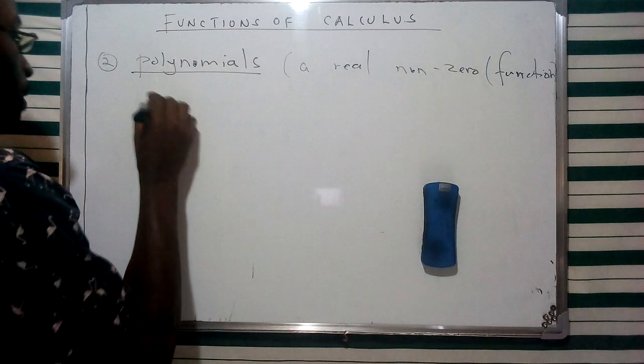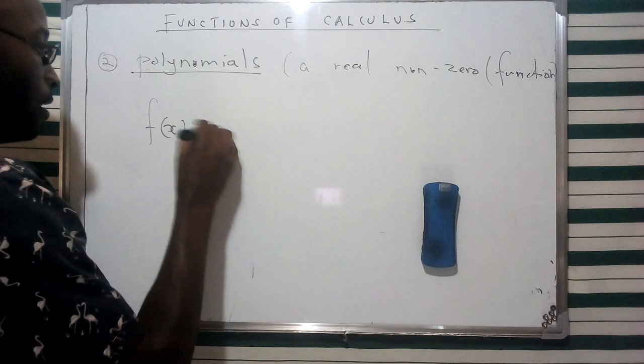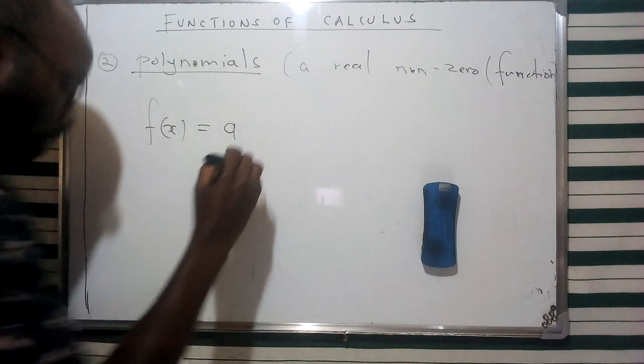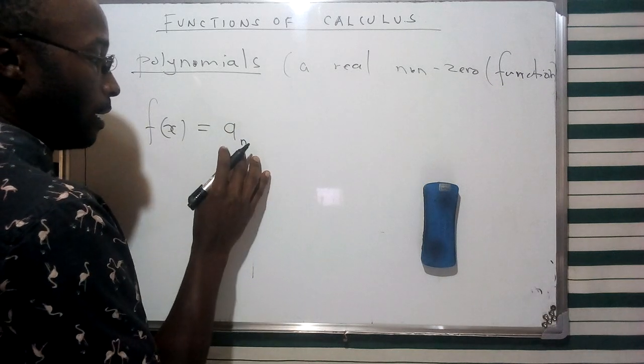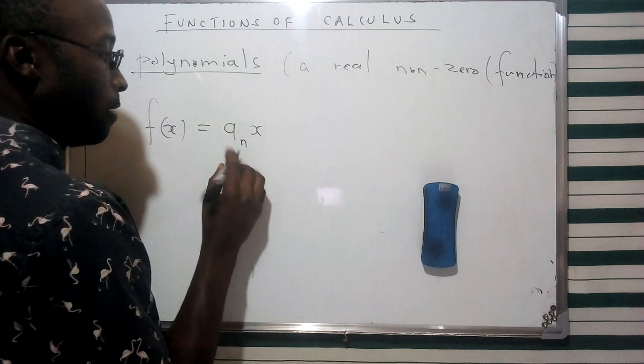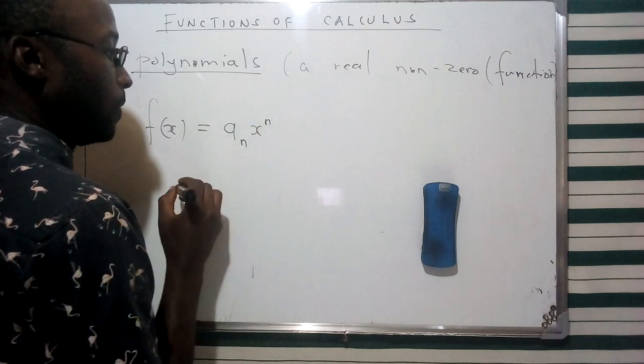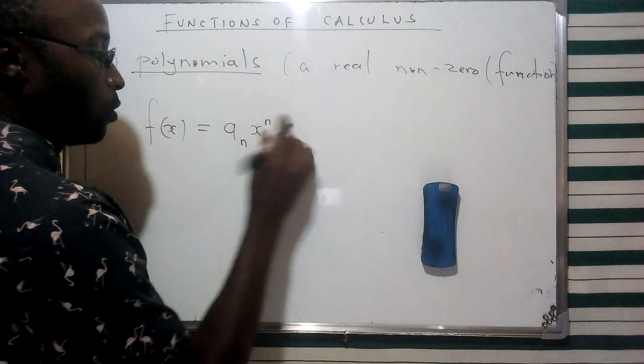So this polynomial can be defined as a function of x given as a subscript n, which is a coefficient, and therefore a term is going to be given as a_n x raised to power n.